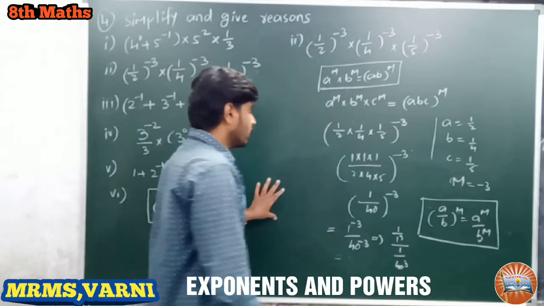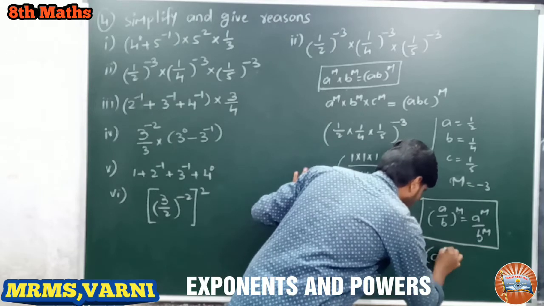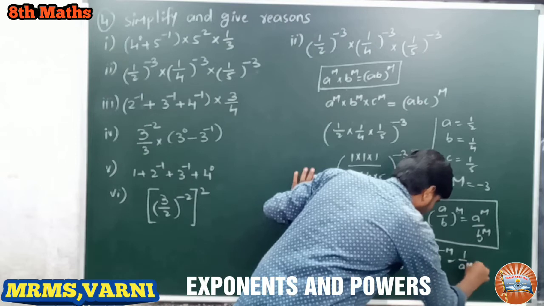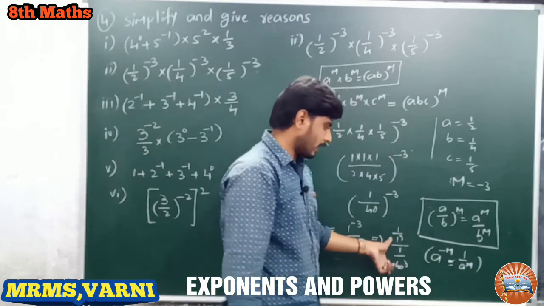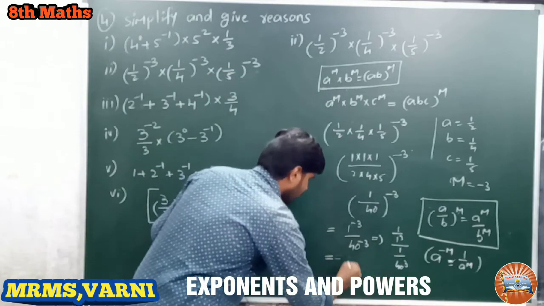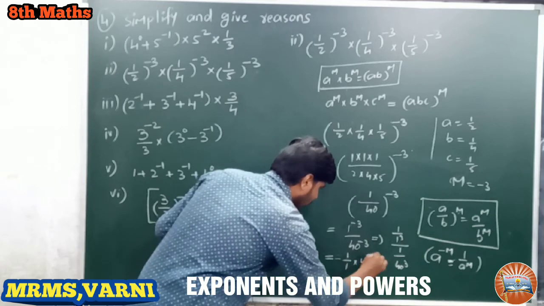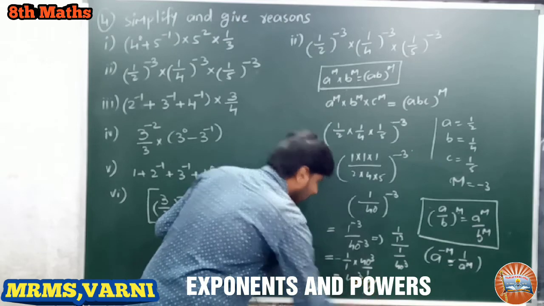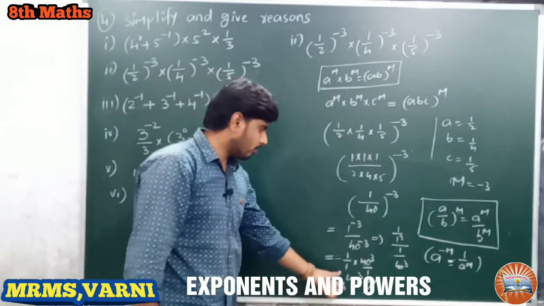Which formula is it? a power minus m is equal to 1 by a power m, the formula I have used here. With this formula, this becomes like this, and this becomes here 1 by 1 into 40 cube by 1, nothing but 40 cube is the answer. 40 cube is the final answer.